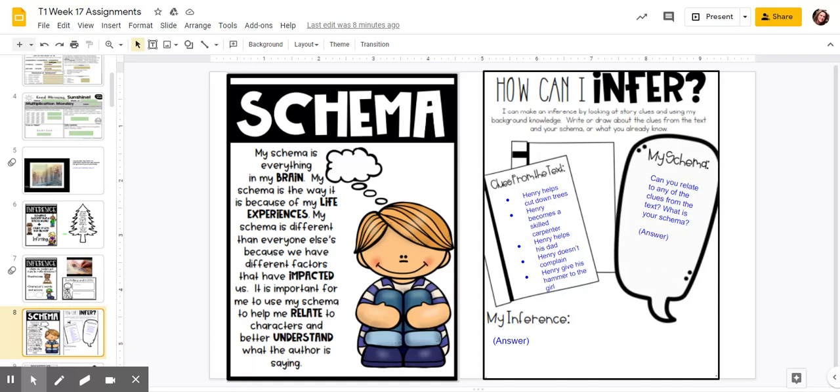So you can make really good inferences if you have schema on one of the clues, which is why I put so many different clues, because everyone's schema is different. So figure out which clue you have the most schema for, and then you can write down your schema, what's happened in your life or what you know about that, and then make your inference.